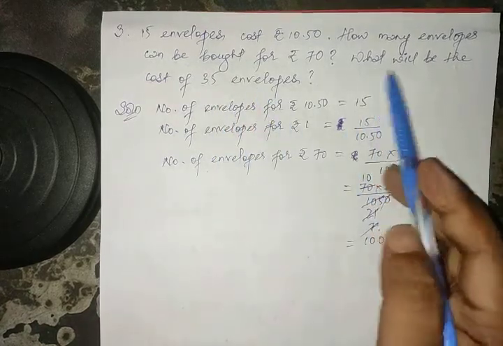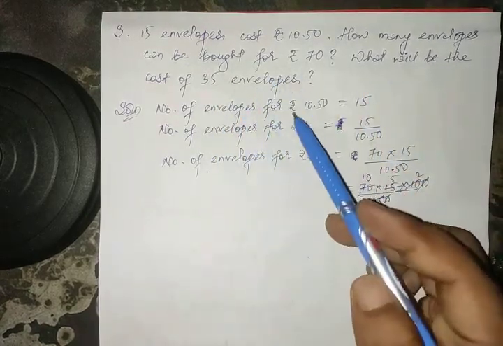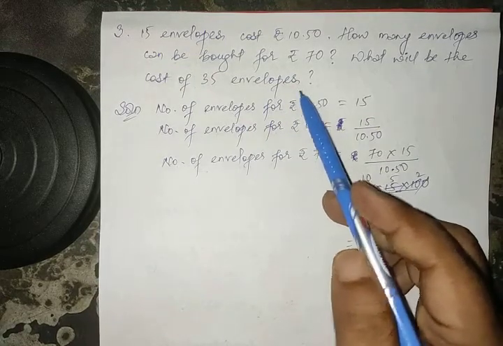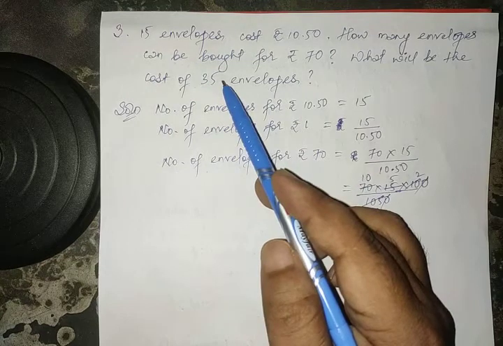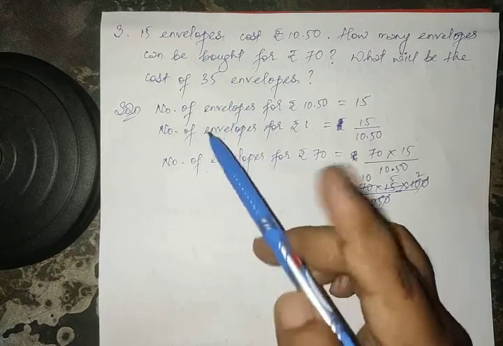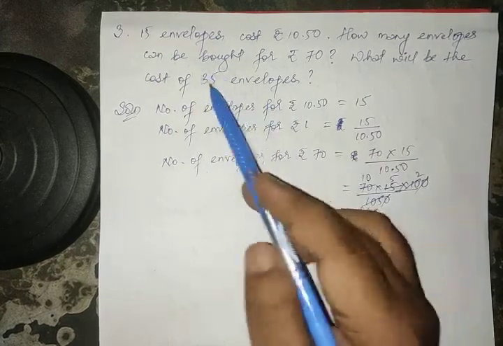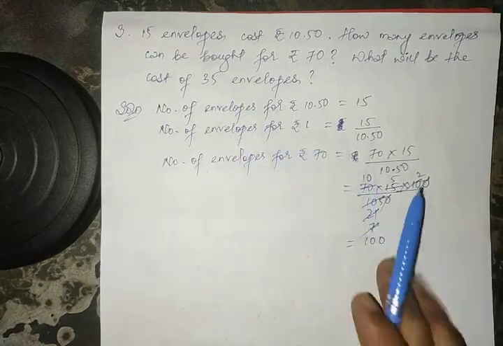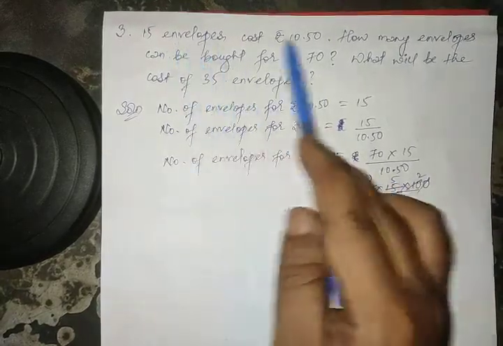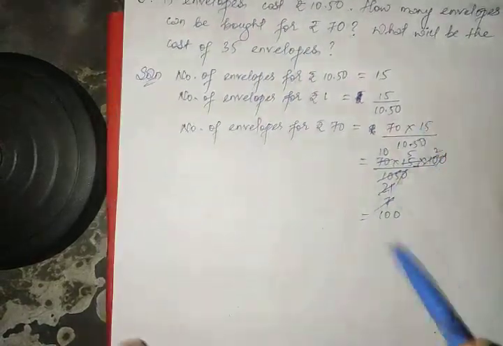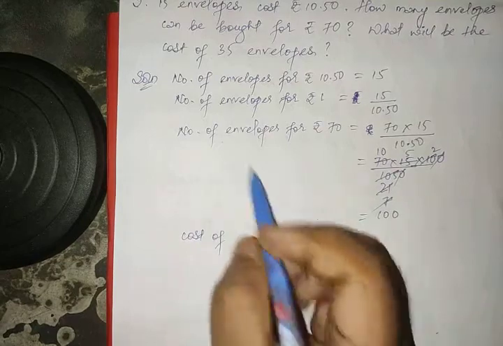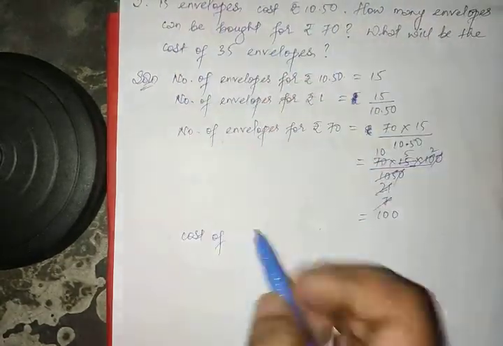Now the second part is what will be the cost of 35 envelopes. You have to find the cost of 35 envelopes. So in order to find the cost of 35 envelopes, first you have to find the cost of 1 envelope. After that we'll multiply with 35 to get the cost of 35 envelopes. So this we will get from here only. So again we'll write cost of 15 envelopes. See, the cost of 15 envelopes is how much?